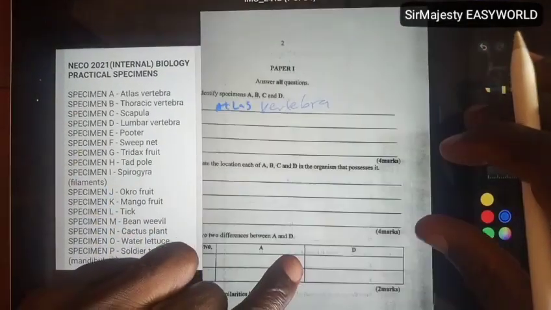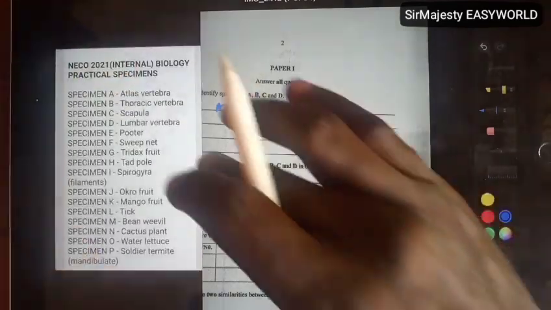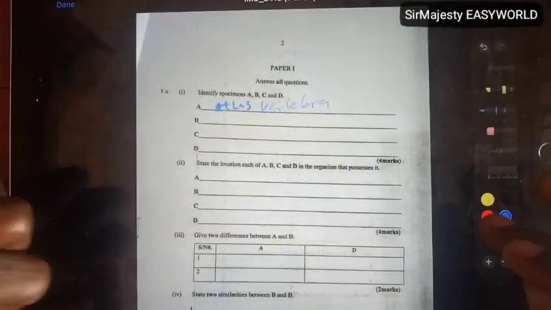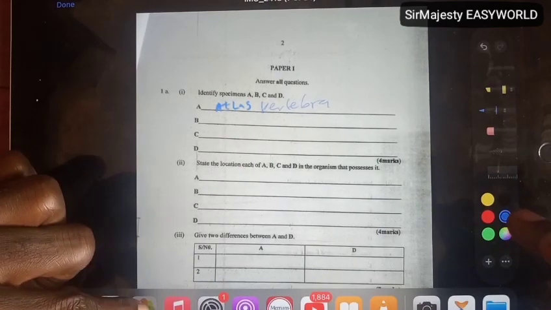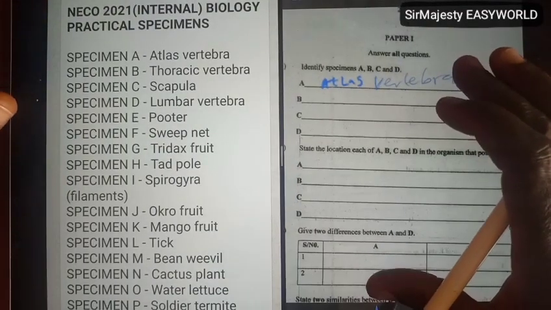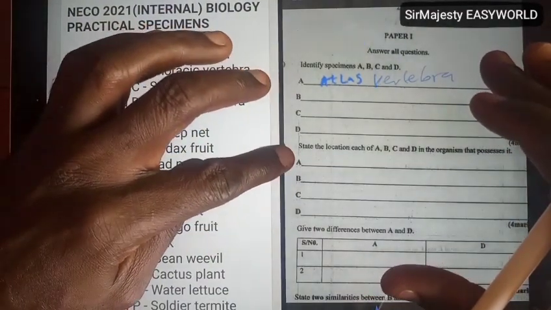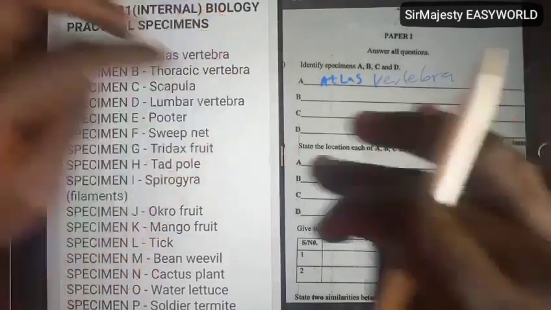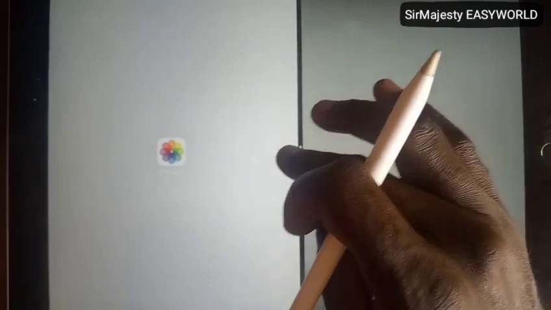Then specimen B is there, thoracic vertebra.